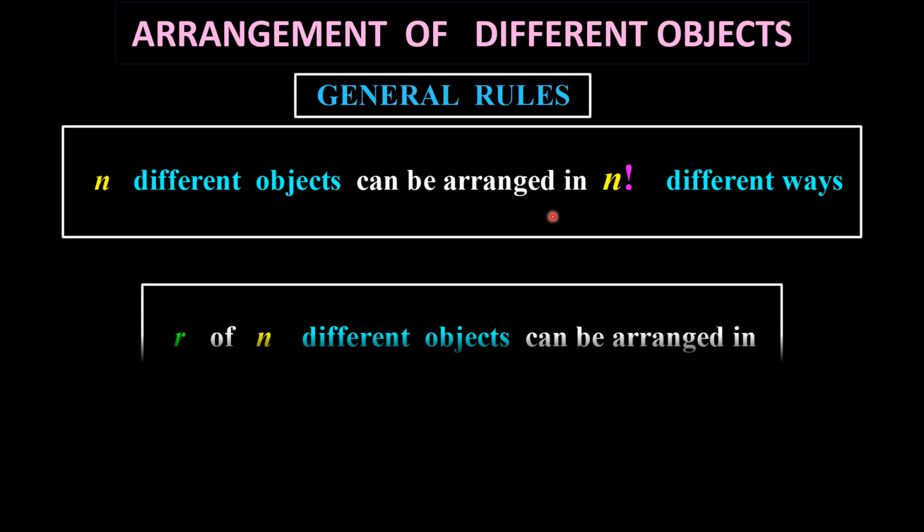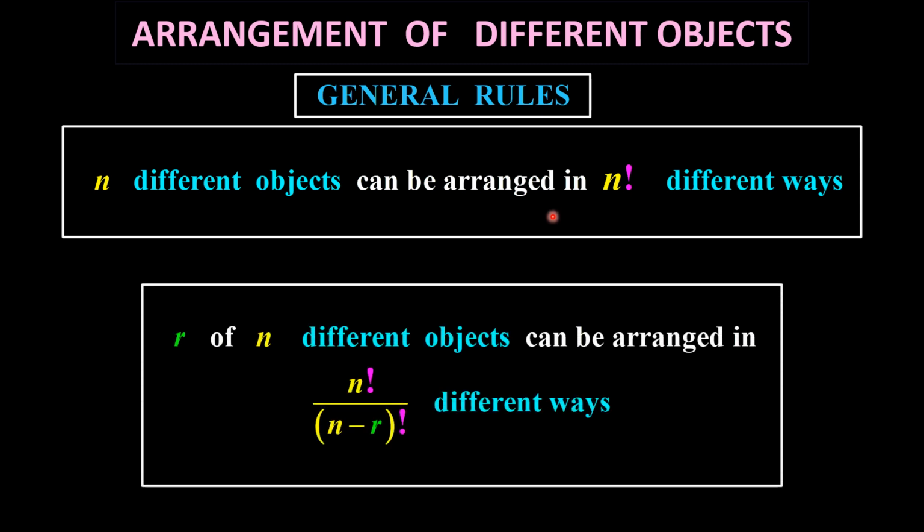Then in the other case, we would want to arrange only some of the different objects, like r of n. That will be n factorial divided by the factorial of the difference, n minus r, and that will give us the number of different arrangements if we just want to arrange a certain number of the different objects.